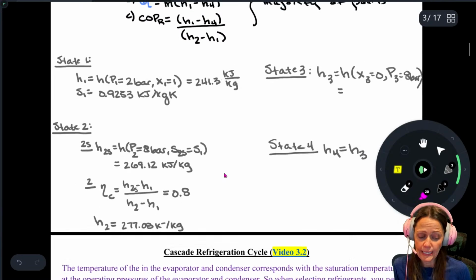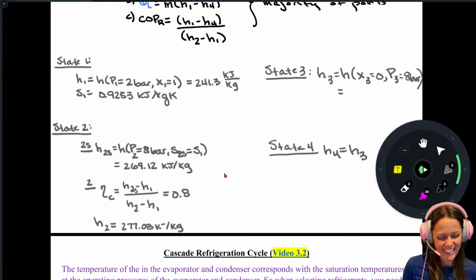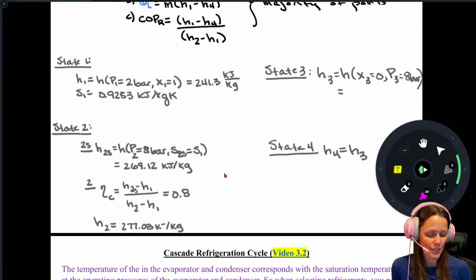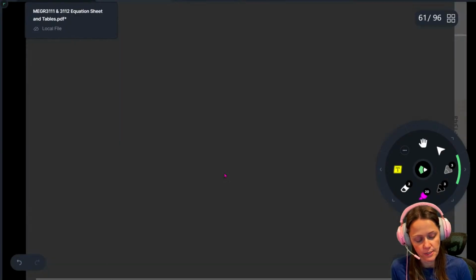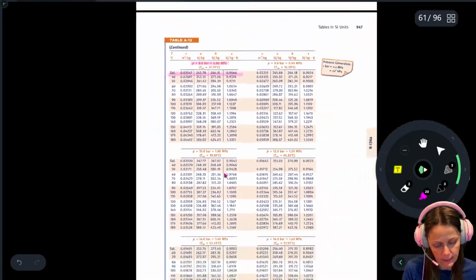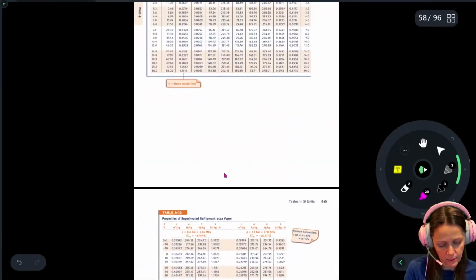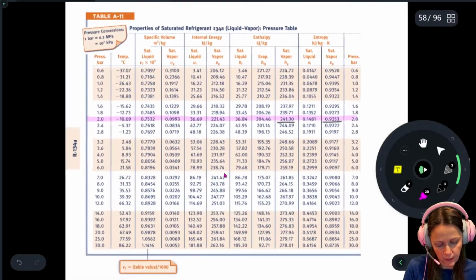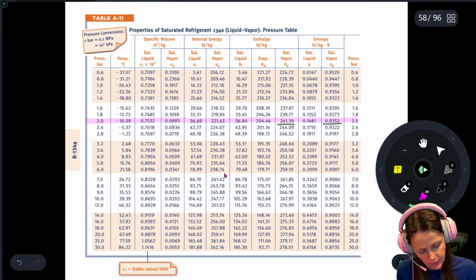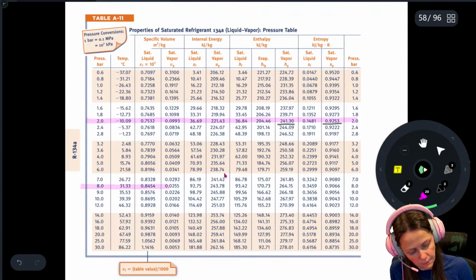Easy peasy, right? So for state 3, you've got saturated liquid at 8 bar, so you do need to go to those saturated tables. So in A11, you're at 8 bar.